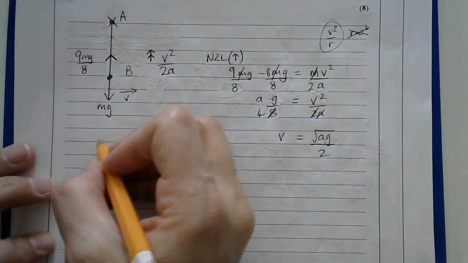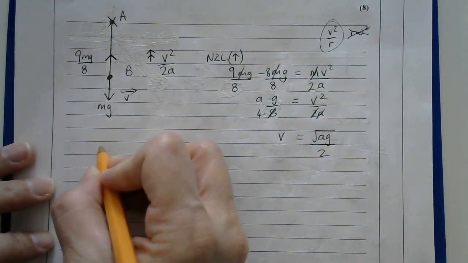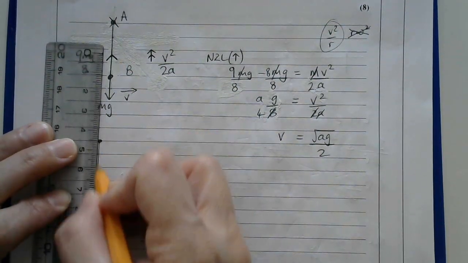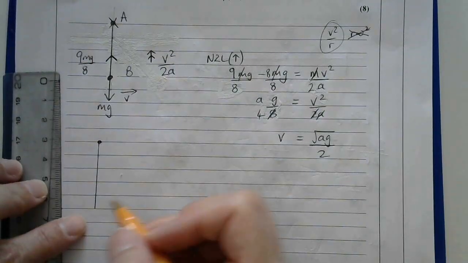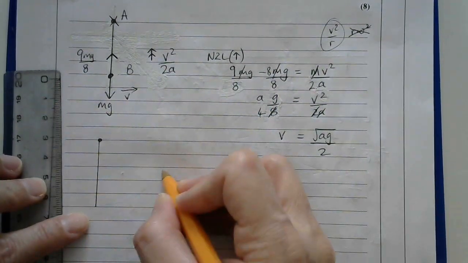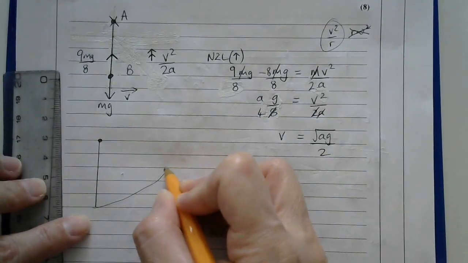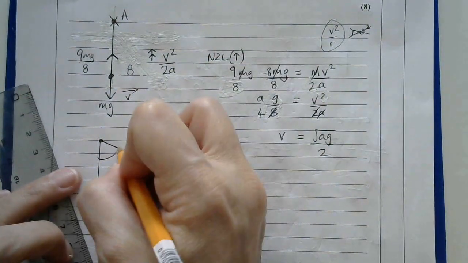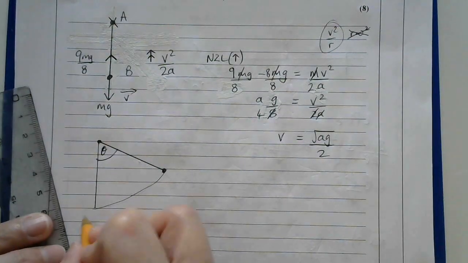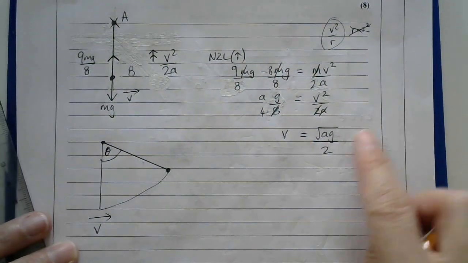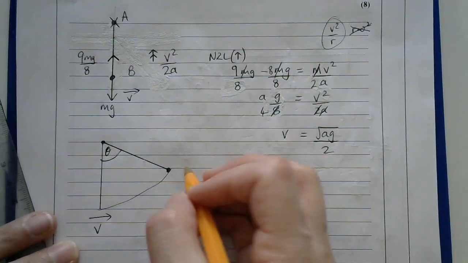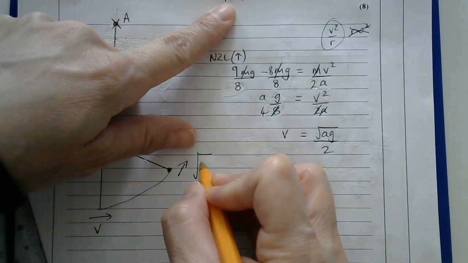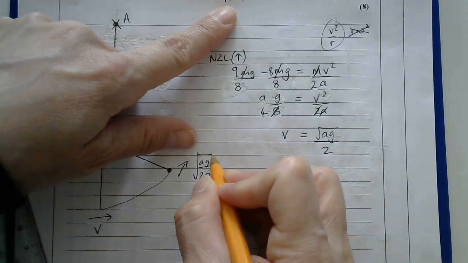If I draw what's happening, then I had this initial position, which was when the rod was vertical, and then the rod will move around in a circle, and so the particle will end up at some other angle here. Here the speed is v, which is what I just worked out, and then here the speed is this other value that they gave me, which is root ag over 20.